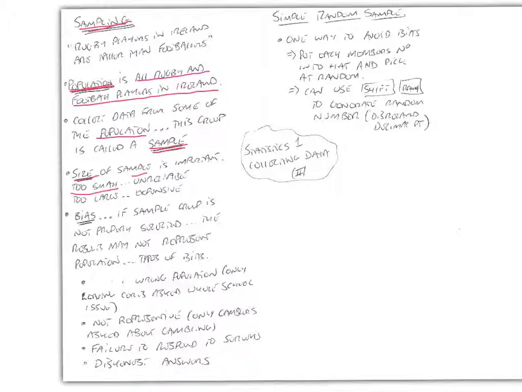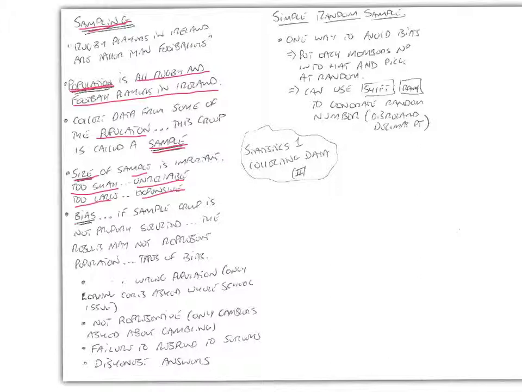If it's too small, if we only compare two rugby guys with two footballers, the conclusion we draw is going to be unreliable. But if it's too large, if we try and speak with 1,000 rugby players and 1,000 footballers, that's going to be expensive to do. So we have to find some suitable sample size.